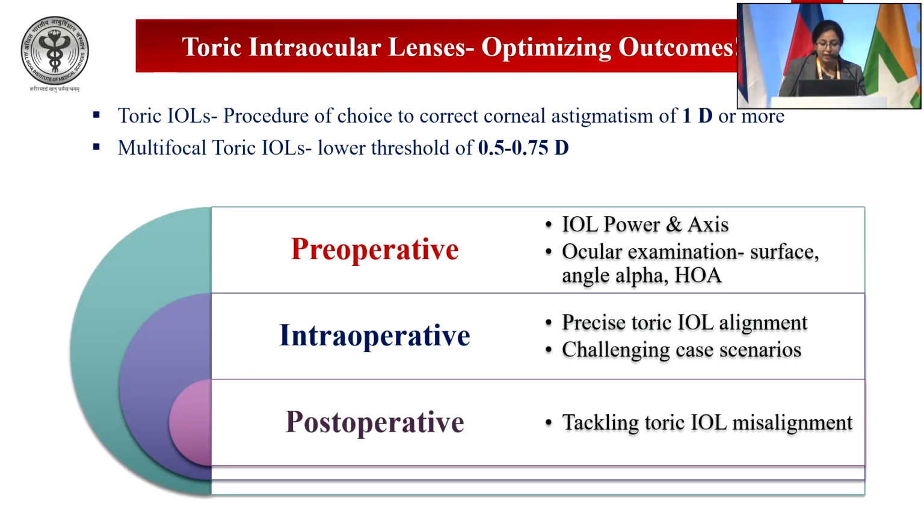Preoperatively, IOL power and axis and ocular examination for surface, angle alpha and higher order aberrations should be performed. Intraoperatively, we will, in the subsequent talks, take you through precise toric IOL alignment and challenging case scenarios, and postoperatively, of course, tackling misalignment and the enhancement procedures.